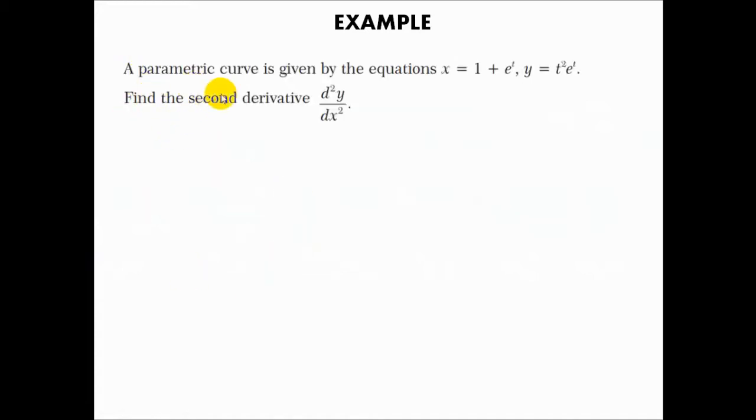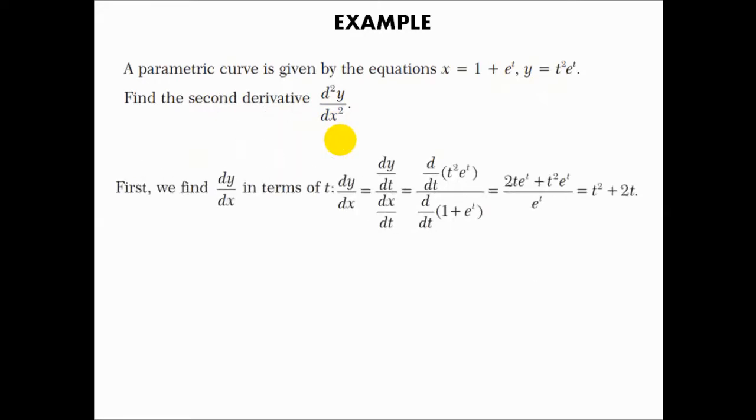A parametric curve is given by the equations x is equal to 1 plus e to the power of t and y is equal to t squared times e to the power of t. Find the second derivative d squared y over dx squared.